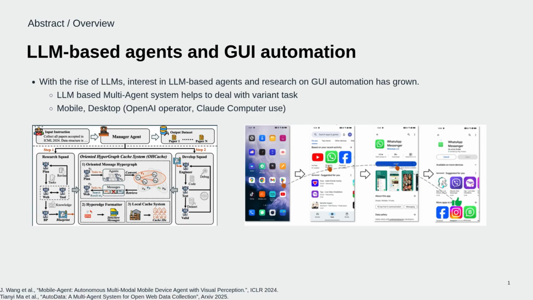Thanks to multi-agent systems, we can leverage many features such as mobile GUI automation, desktop GUI automation, and so on. There are many helpful products on GUI automation, such as OpenAI's Operator, Claude Computer Use, and Gemini Computer Use, which was very recently launched, and mobile GUI agents.